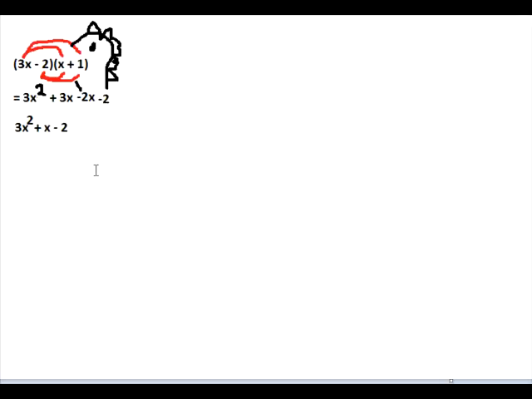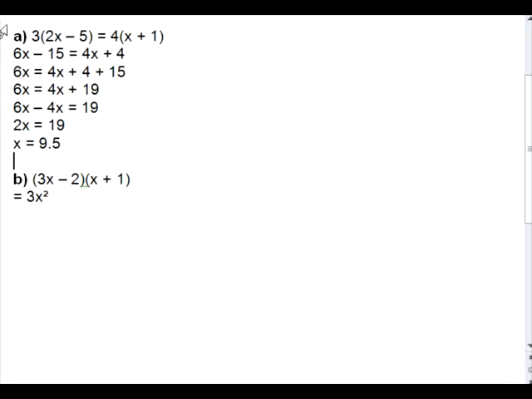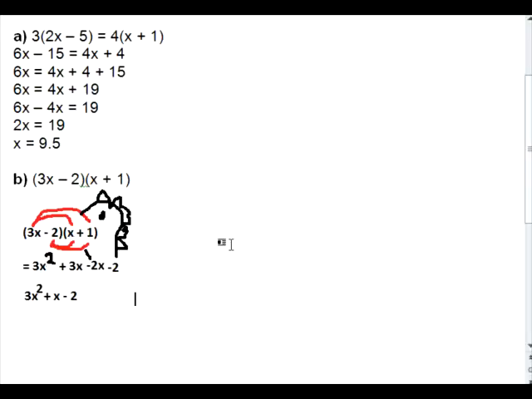Okay? Alright, I would like you guys to try one for yourselves right now. I'm going to get rid of the foil bird and go back to the other page. I'm actually going to copy this because I love my artwork. Okay, I'd like you guys to try this one for me right now, and you can leave that on the board there.